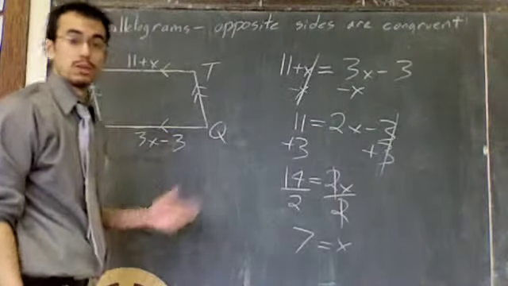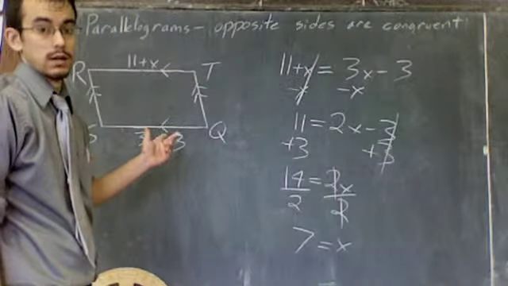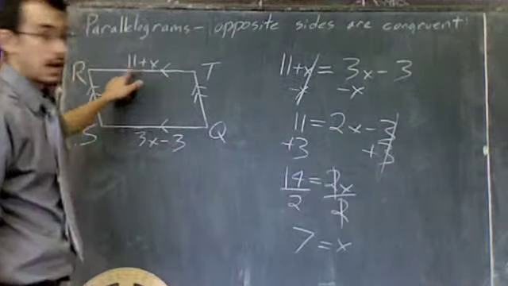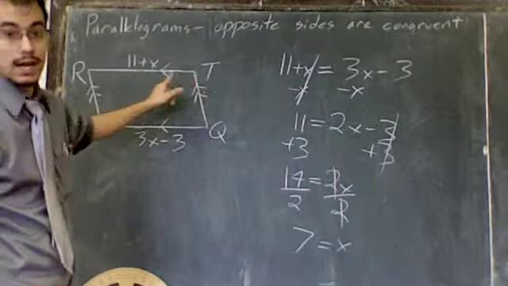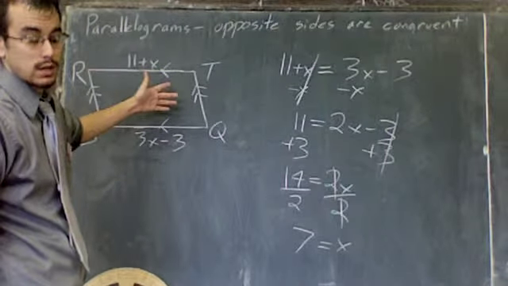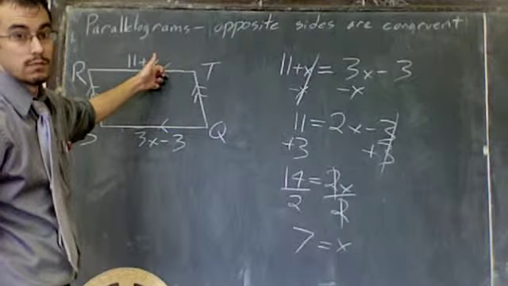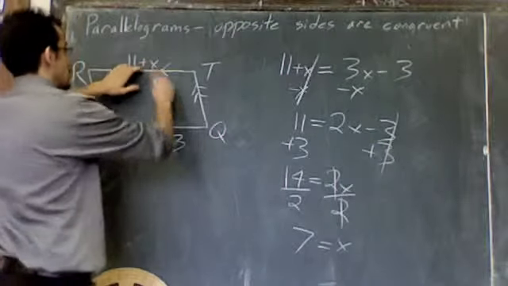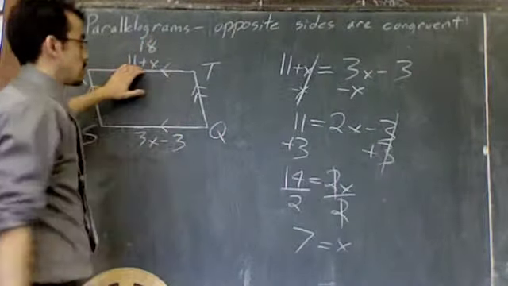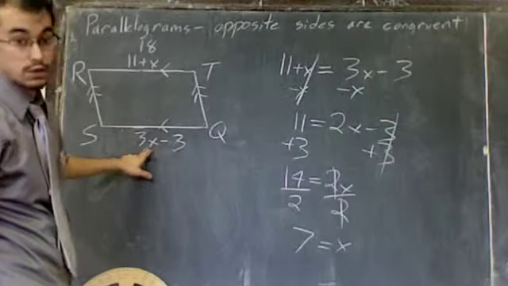As per usual, once you get your answer, you plug it back in. Since x is 7, and this segment RT is 11 plus x, well, if x is 7, this really says 11 plus 7. 11 plus 7 is 18. Well, this should be the same length.